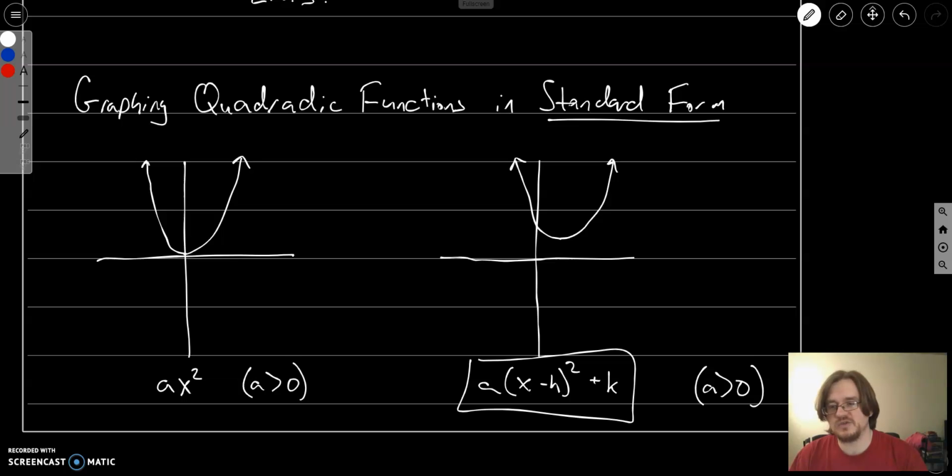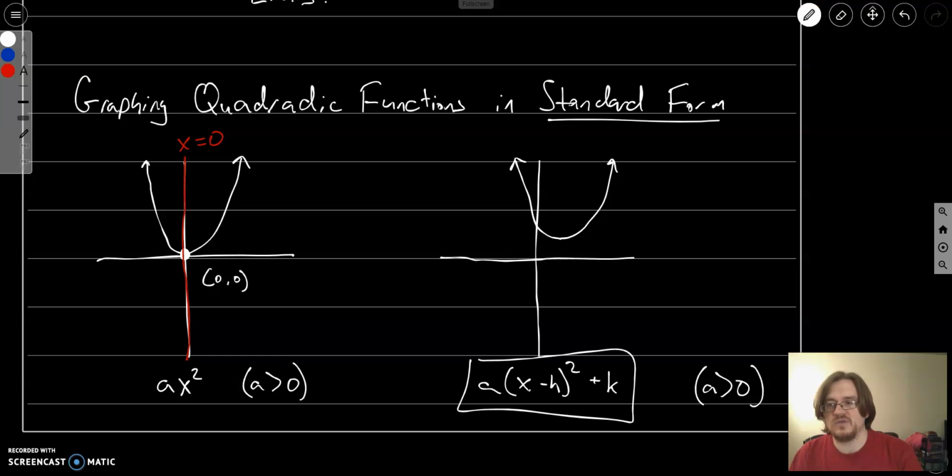Since a is positive, this will be opening upward. And the vertex here is just going to be at 0, 0. The line of symmetry is going to be x equals 0. And this is nice and symmetrical.